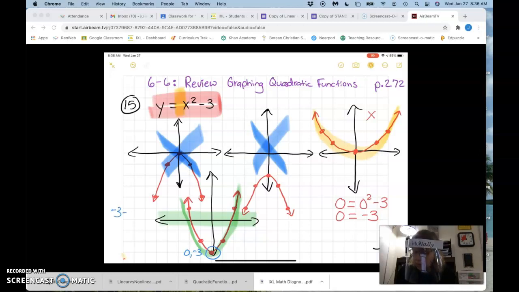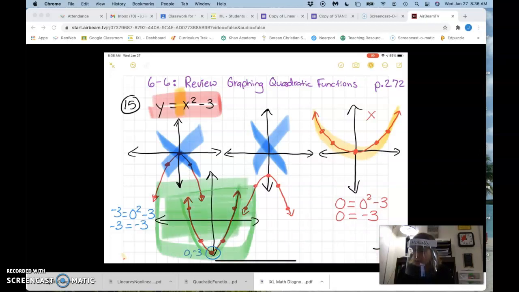So negative 3 equals 0 squared minus 3. So negative 3 equals negative 3. Is that true? Yes. So that has to be the graph that matches this equation. So then you would select this graph for your answer, okay?